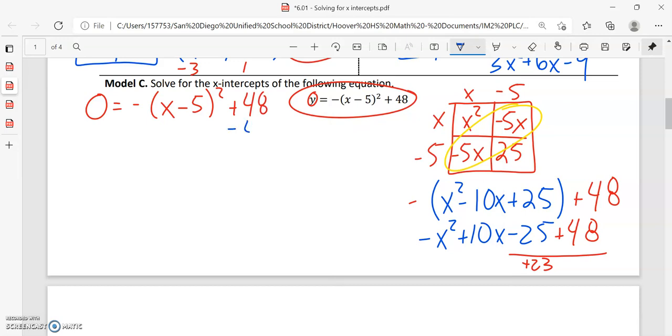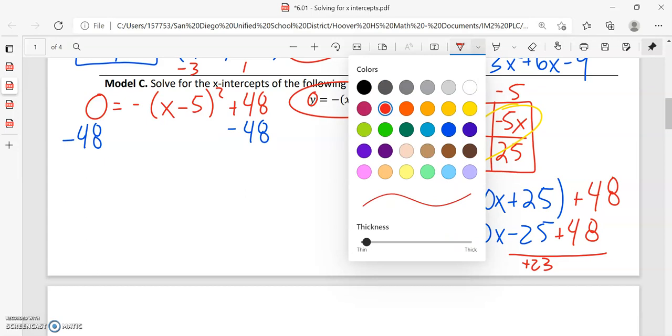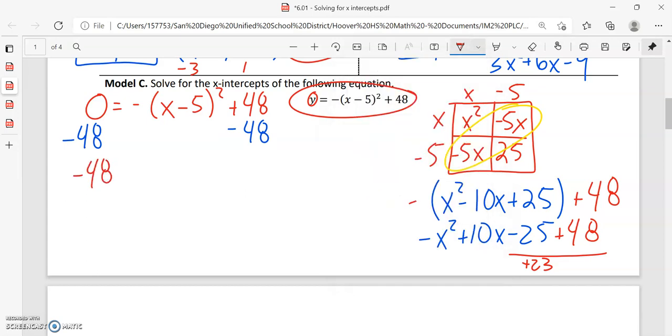So we're going to subtract 48 from both sides. So we get negative 48 equals negative x minus 5 squared. We have a negative sign out front, which is really a negative 1. So we're going to divide by that negative 1. That changes my 48 to a positive 48.